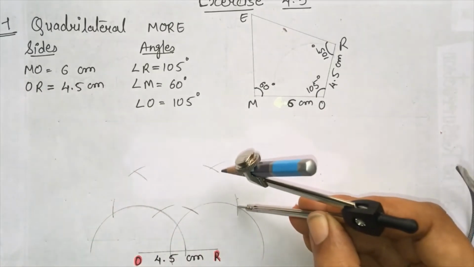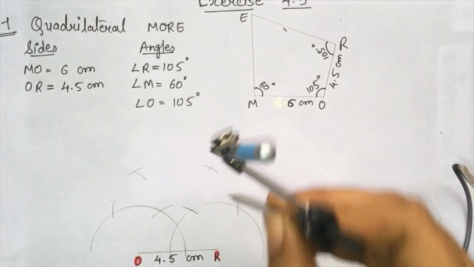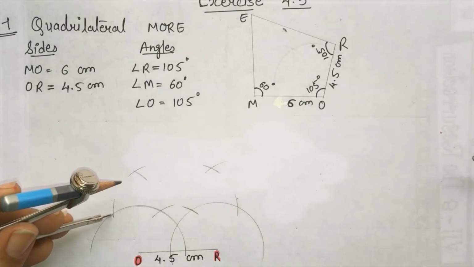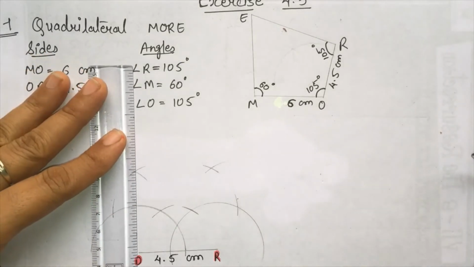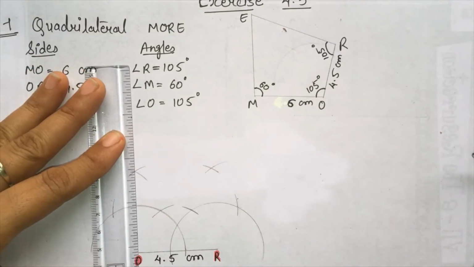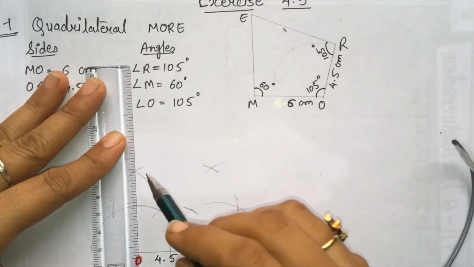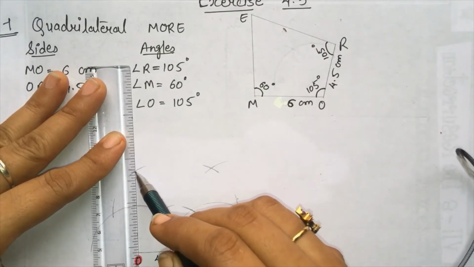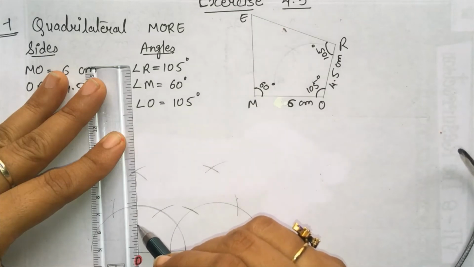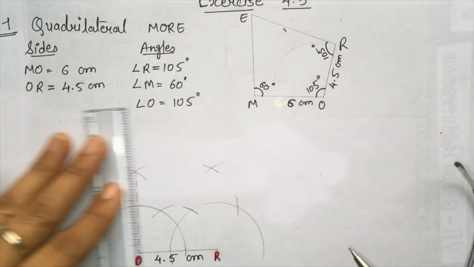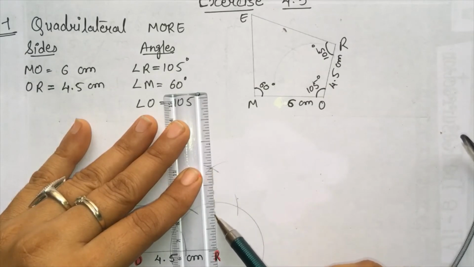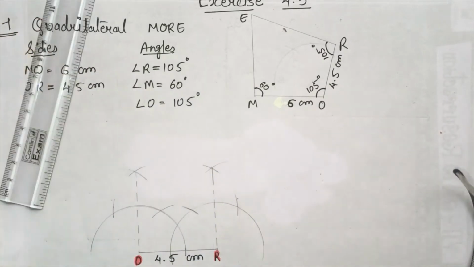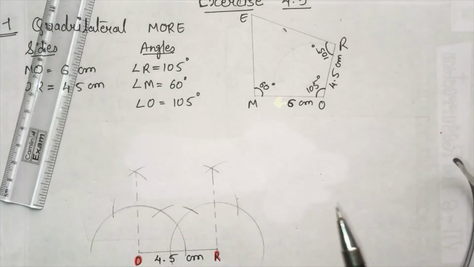If we are not getting point of intersection, we can extend our arcs anytime. Okay, so this is 90 degree, but what we have to draw is 105. So this we will be showing just with dotted line, or we can say broken line, because this is not the final angle we want. So this is 90 degree.